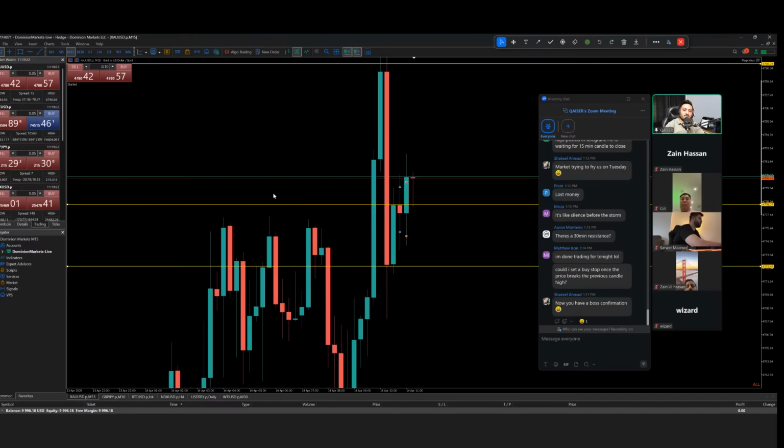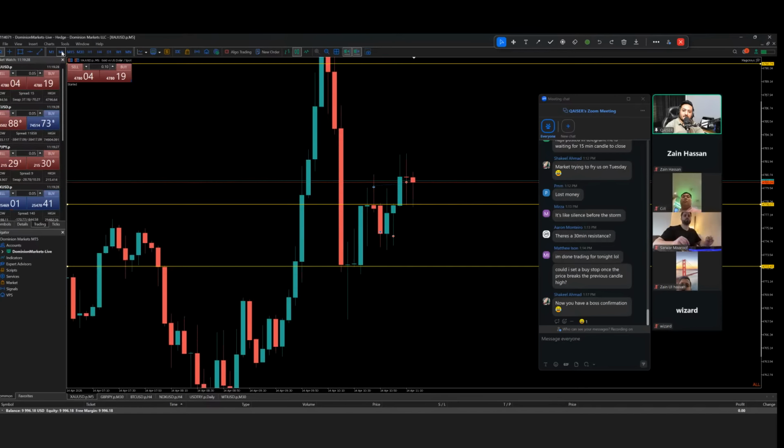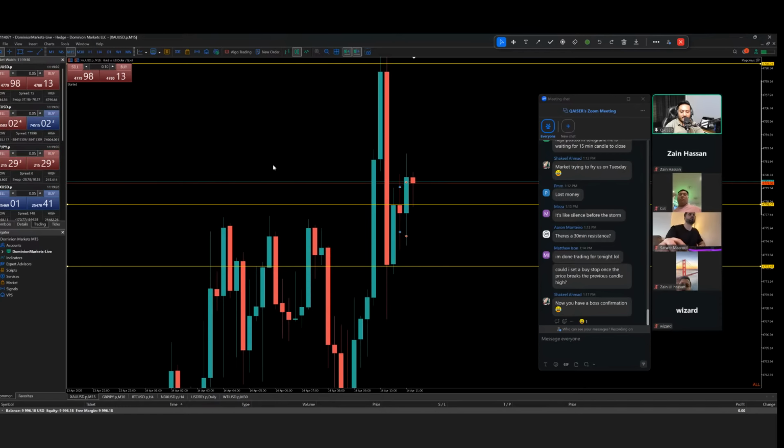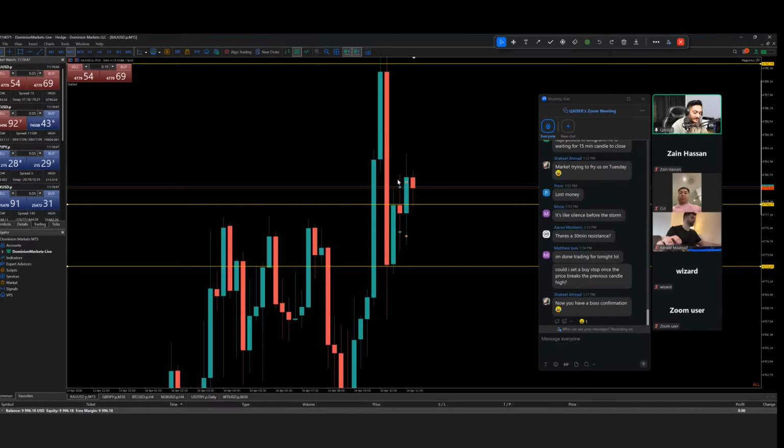Okay, it's flipping now. Yeah, looking at this one. It's flipping now, but I need it to break above the previous candle high. Wow, suddenly the volume just dropped.